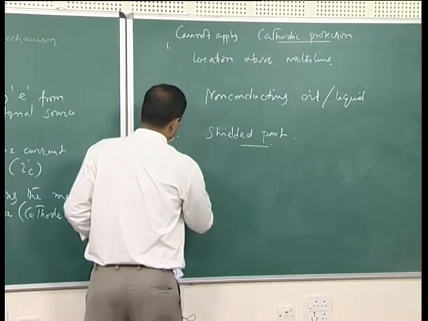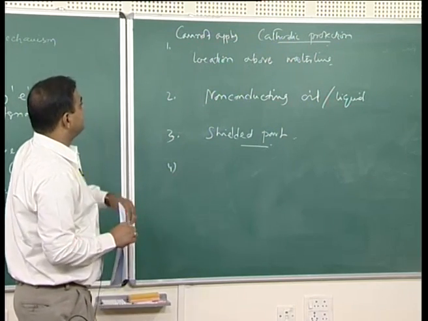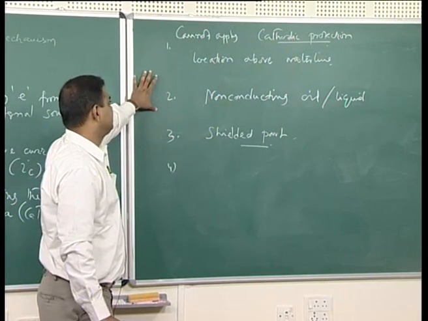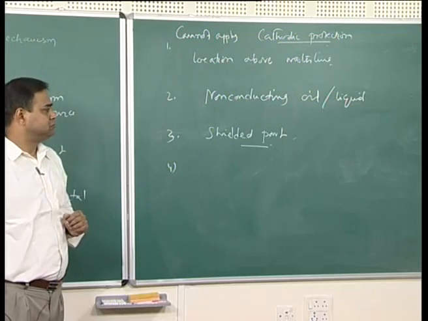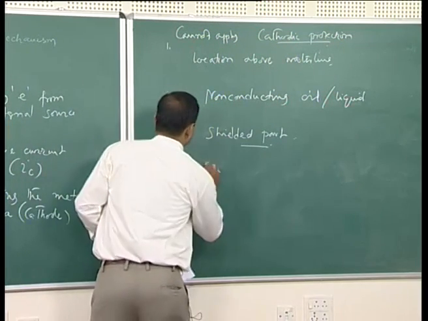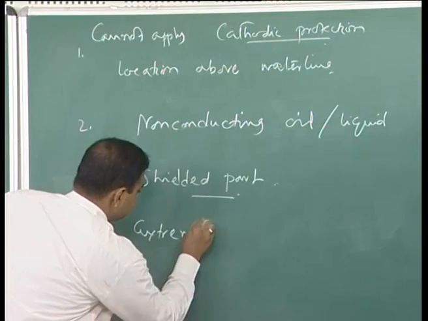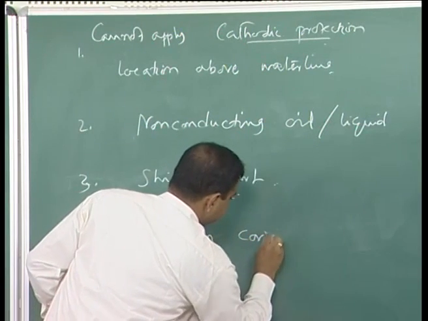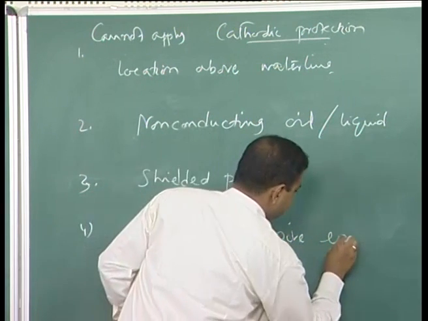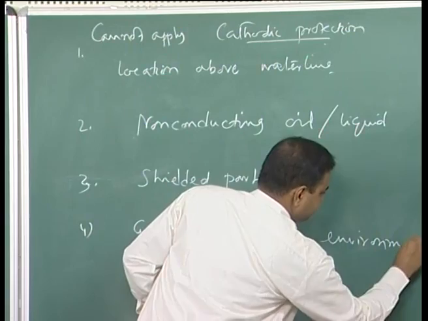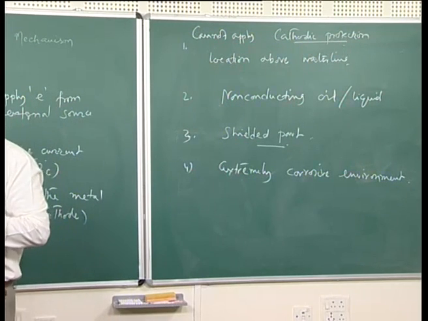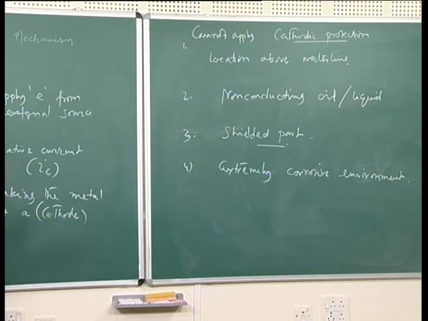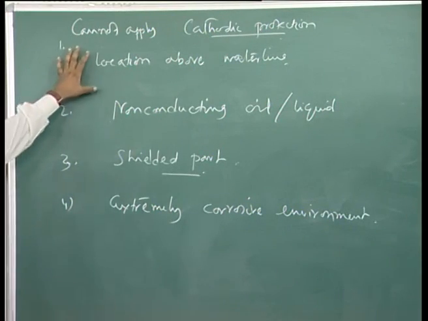And then the fourth one is, though we are basically using cathodic protection to protect the object from corrosion, if the corrosive media is very strong or an extremely corrosive environment, we should not go for this cathodic protection, because in that case cathodic protection will not be an economically viable process, it will not be economically cheaper.